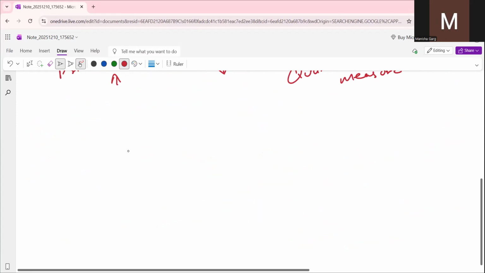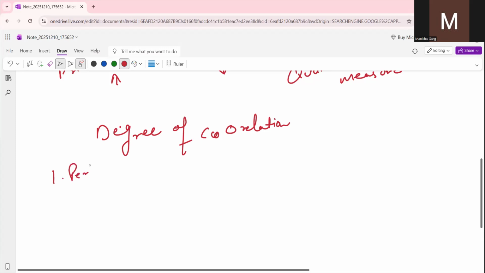Next we have degree of correlation. First we have perfect correlation.